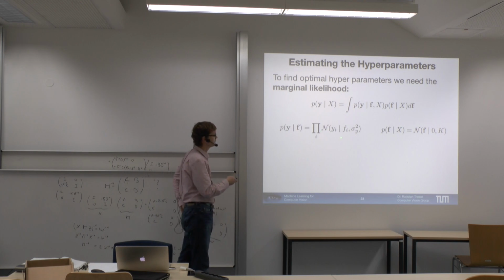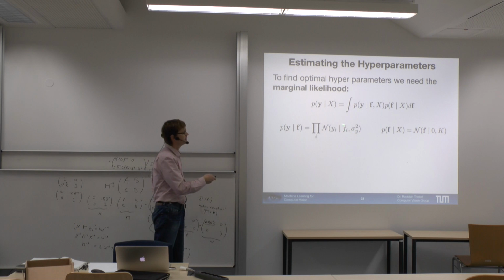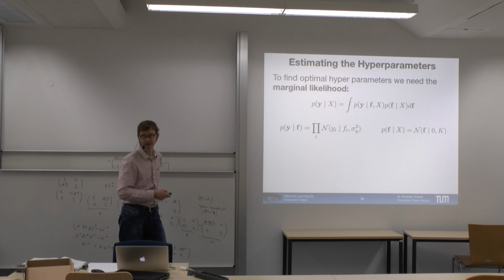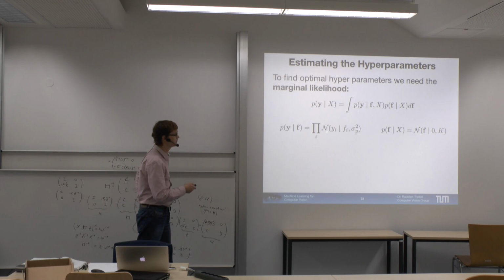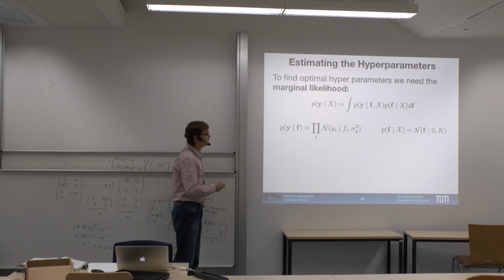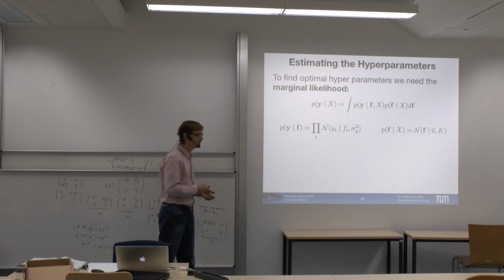This is just the product over all y_i given f_i, where every one of these single Gaussians has just the same variance value here, right? This assumes that all the training data points are conditionally independent, right? But that's a reasonable assumption.